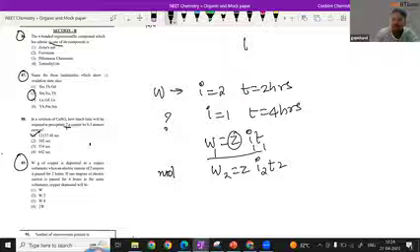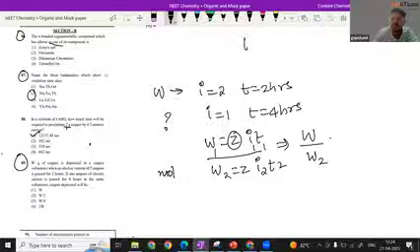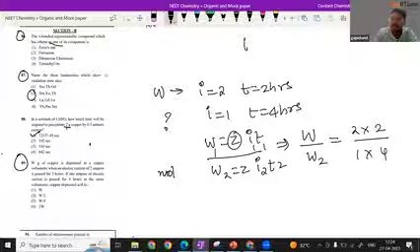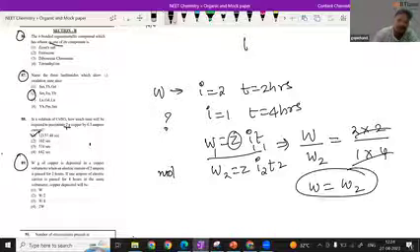Take the ratio of them: W1 is W, W2 is simply W2, I1 is 2, T1 is 2, I2 is 1, and T2 is 4. Both will cancel, so W2 will become W. So the answer is W.